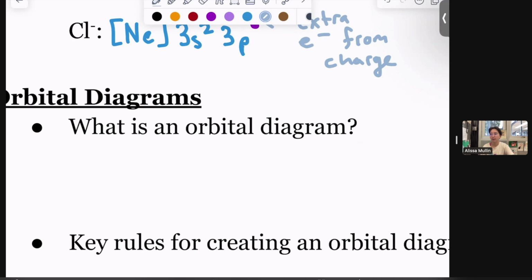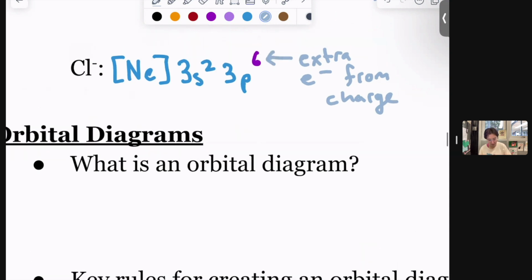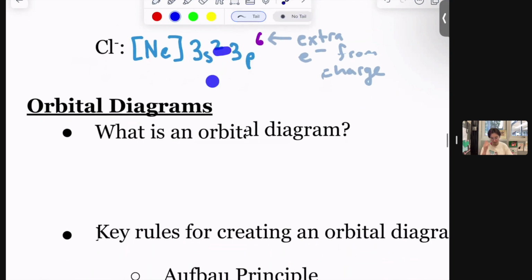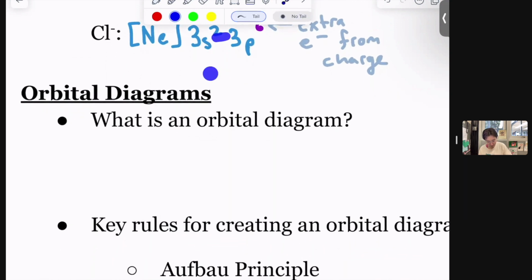Just kind of showing, okay, I have these different orbitals with these different names, the 1s, the 3s, whatever, and I have these different amounts of electrons in it represented by these exponents. But our next skill that is helpful is making something called an orbital diagram.